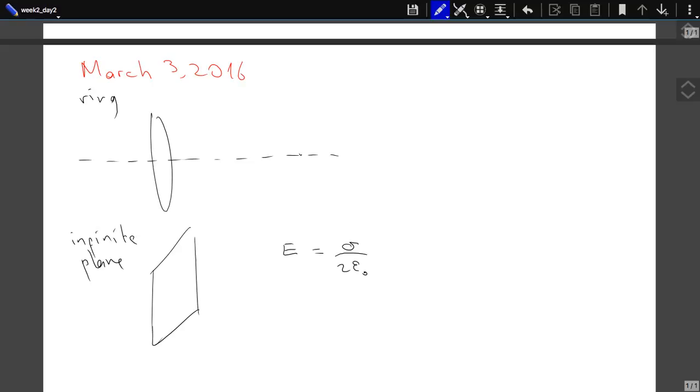So if you want to show the electric field itself, you basically need to draw a vector. The electric field is a vector. You have to draw a vector at every point in space. But of course, to visualize that is not that helpful.